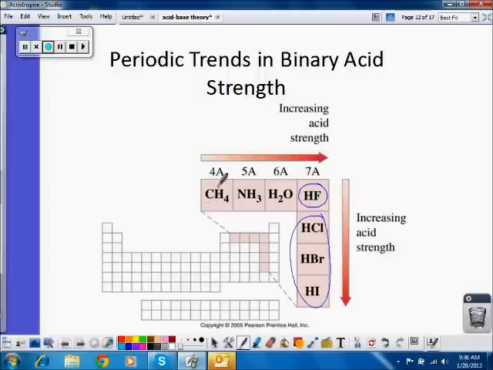Likewise with these, none of them really want to give up that H+ very much, so they are all considered weak acids. So the more electronegative something is, the stronger the acid, if you're looking at a binary acid, and also if you're looking at size, atomic radius. If you remember from last year, atomic radius increases as you go down a group. So the bigger the radius, the easier it is to take the H off.